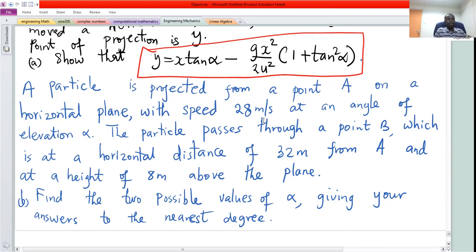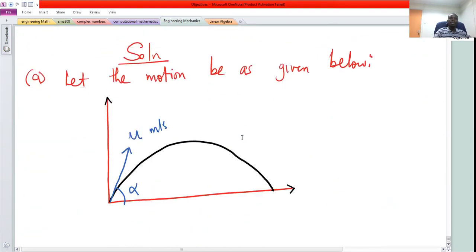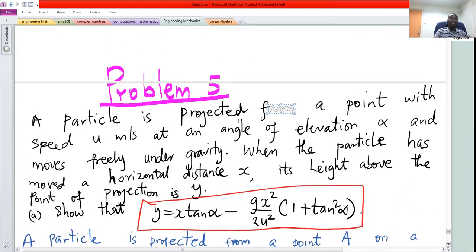So when you have such a problem, the first thing that you need to do is to draw a sketch so that you are able to fill in the given information. And from the sketch, you can get a bearing on how to solve the problem. So we have been told that the initial speed is u meters per second, and the angle of elevation of this speed is alpha.